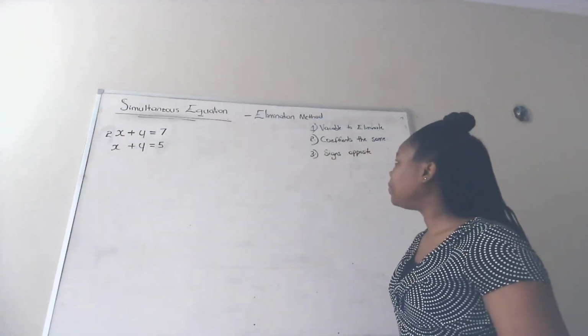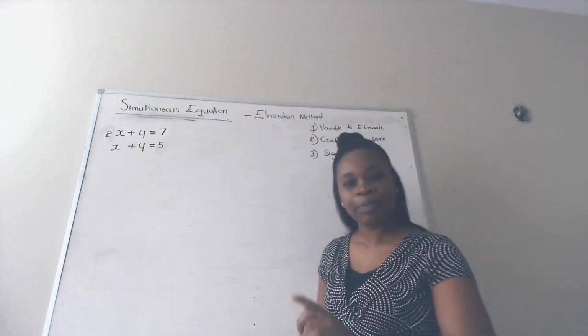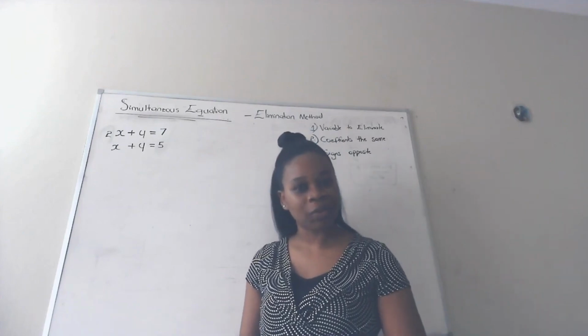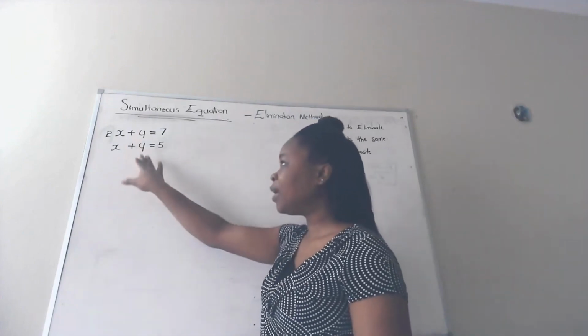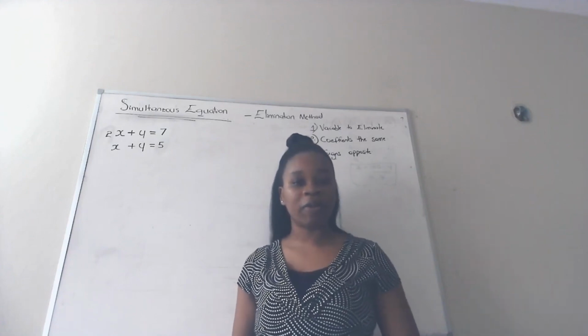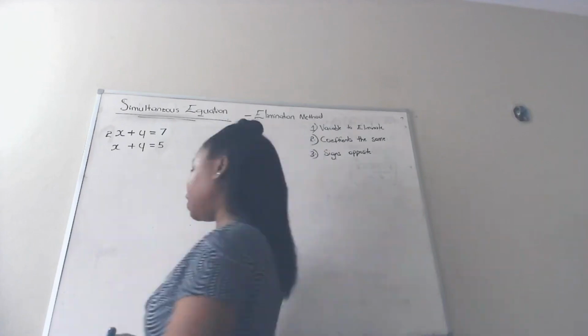The next step is to make the coefficients the same. So to do that, let's say we want to eliminate y. We need to make the coefficients the same. Now, what are coefficients? Coefficients are numbers that are in front of a variable.